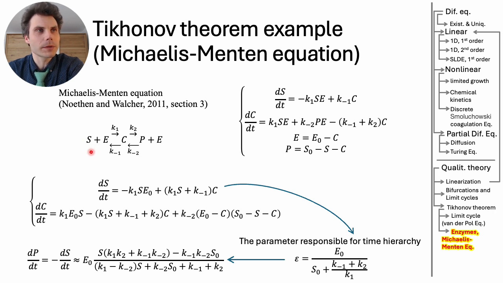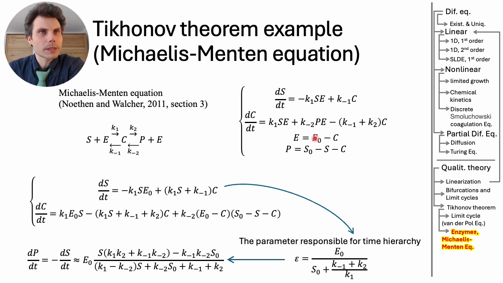We first write the chemical kinetics equations for all these reactions like this, employing the conservation laws as well, so we don't have to write differential equations for E and P because they are bound to other components of the system by just mass conservation.